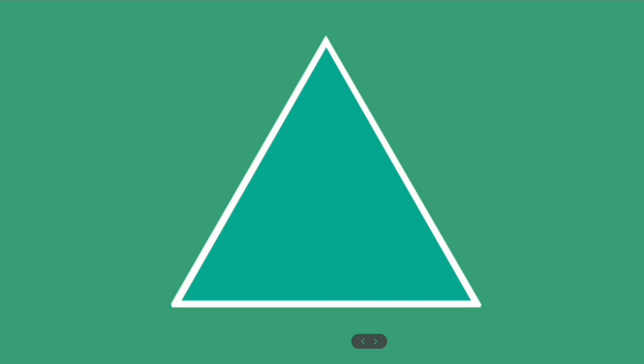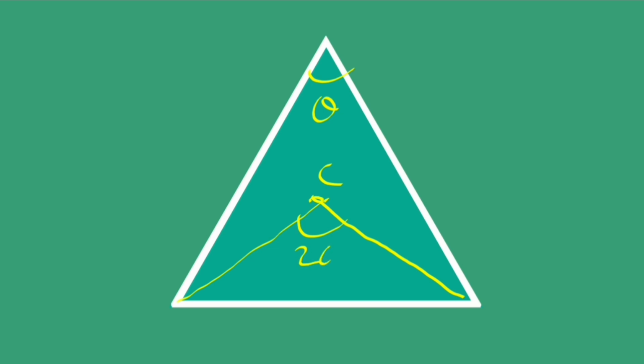Now here is a triangle. Suppose this point is the circumcenter C, capital C. Now I am joining this vertex to this circumcenter and this vertex to this circumcenter. Suppose this opposite angle is theta, then this angle is equal to 2 theta. When the circumcenter is there, if this opposite angle is theta, then this angle is equal to 2 theta.